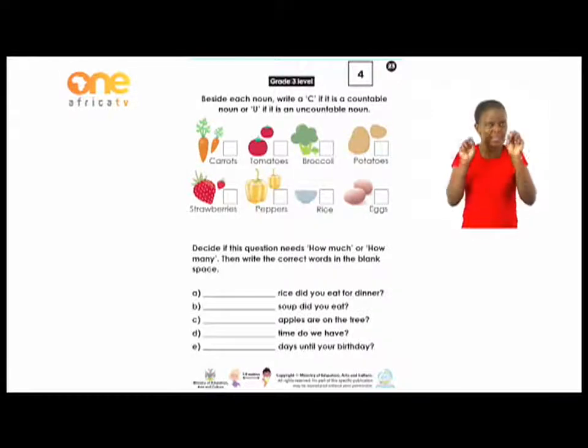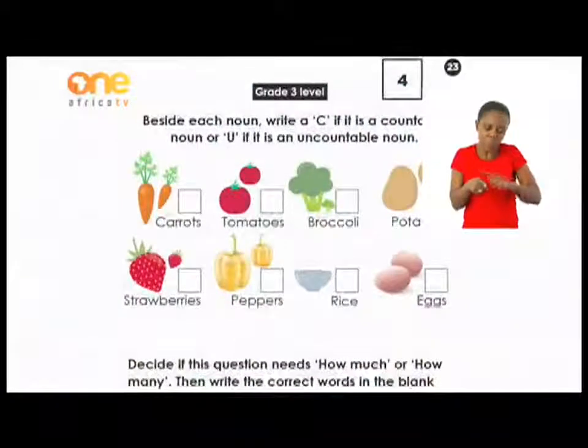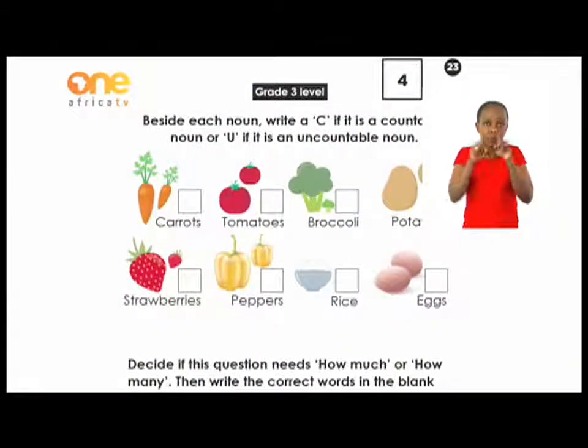Yes, very good. It is a countable noun. So we are going to write a C beside the word carrots. You're going to write your C in the box like that. And then let's look for another noun that is there, tomatoes. Are they countable or uncountable nouns?